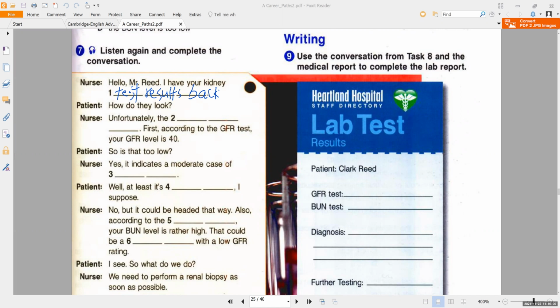First, according to the GFR test, your GFR level is 40.